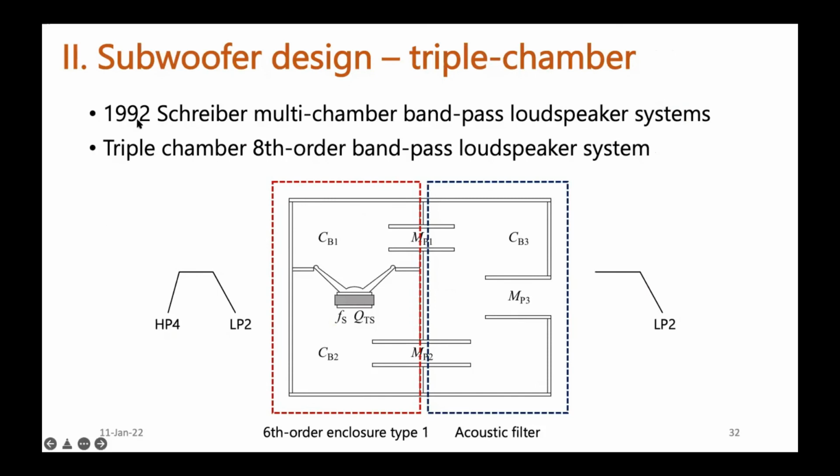In 1992, Schreiber published a patent describing several multiple chamber bandpass subwoofers, and as I counted, there are a total of 7 different types of triple chamber, triple tube bandpass systems, and all of them have symmetric 8th order bandpass orders.